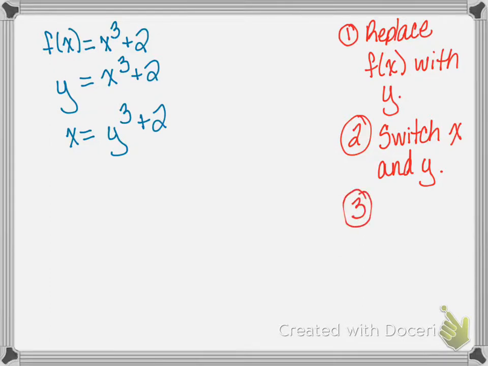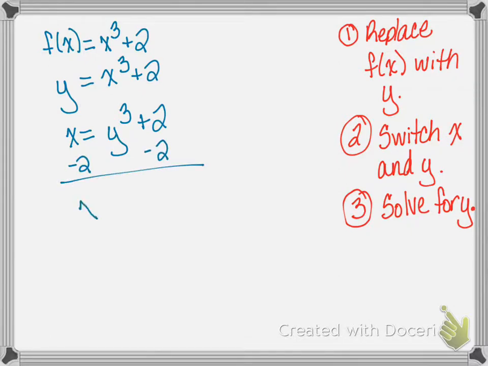Anybody know my next step? What do I solve for? Excellent. So we are going to solve for y. And the way that I do that is I subtract 2 from both sides. So I have x minus 2 equals y to the third.